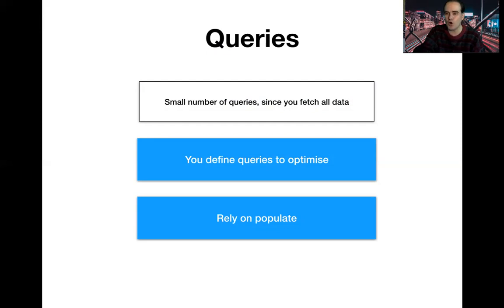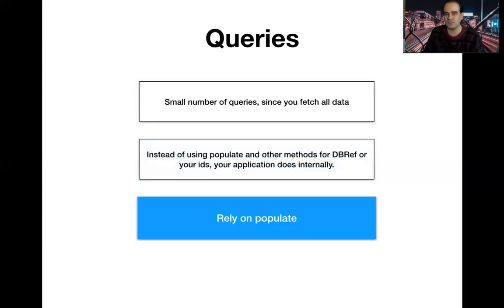Then if you go through IDs, you have the option that instead of using dbref and populating the libraries, you have your own IDs, and then you do in your application the optimization in order to make the queries at the right time. The good thing is that you are in control.